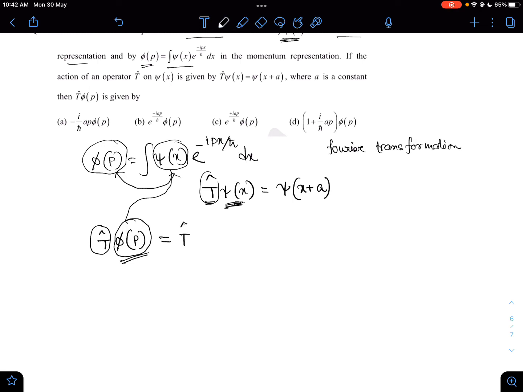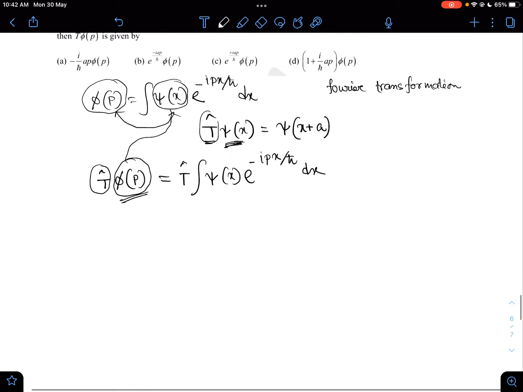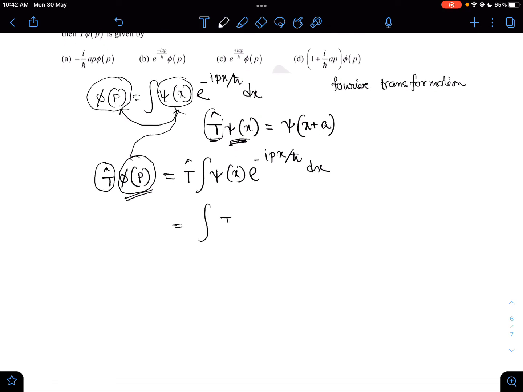So we will write psi p as the integral of psi x e to the power minus ipx by h cut dx. So we have T psi x e to the power minus ipx by h cut. Now what is T psi x?